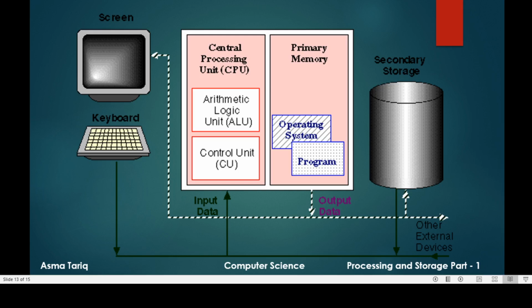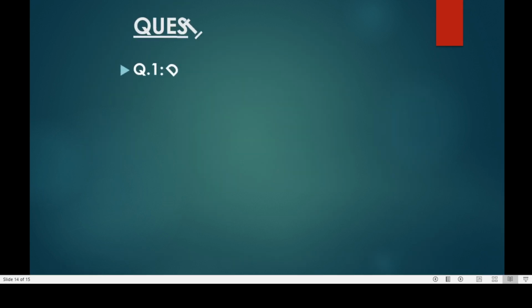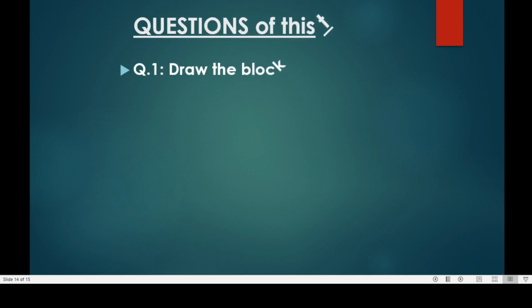In this diagram, you can understand the data traveling from input devices to the central processing unit and getting the results by output devices, and you can store the data on secondary storage devices like your hard disk or a pen drive.